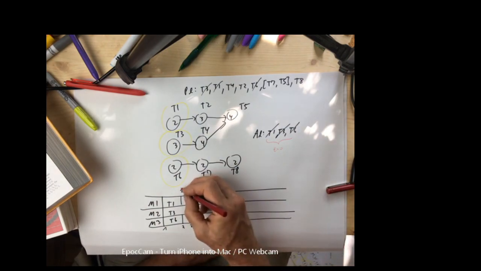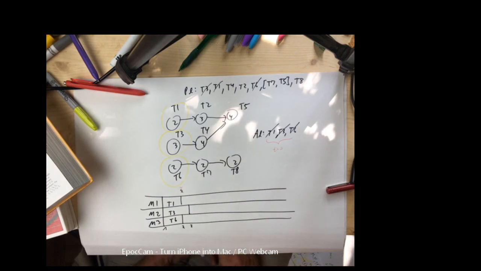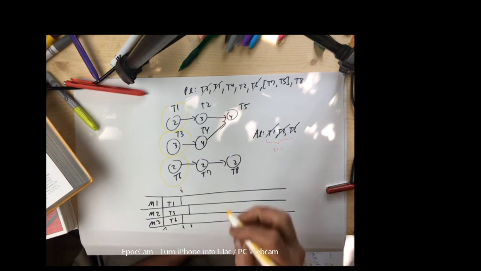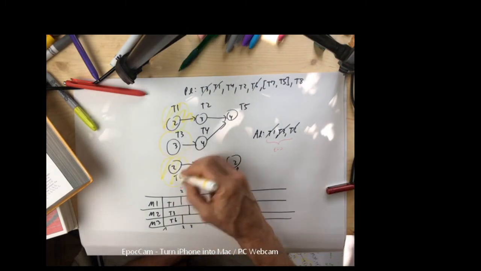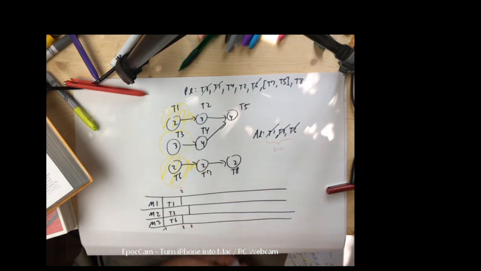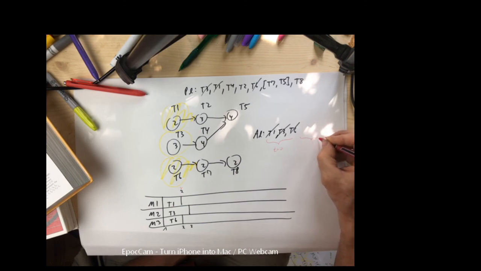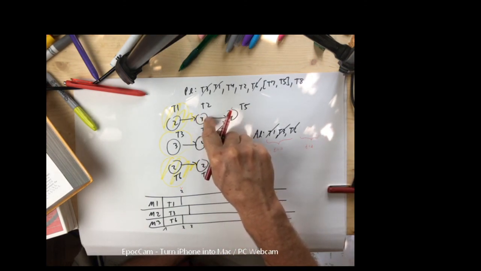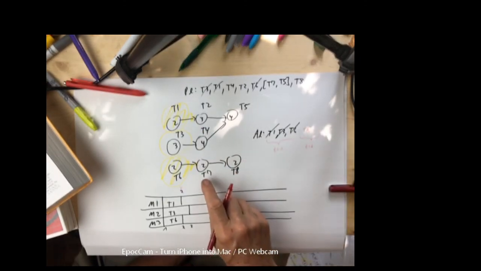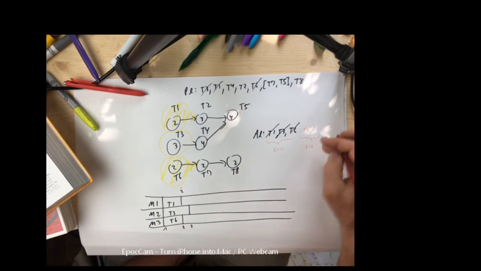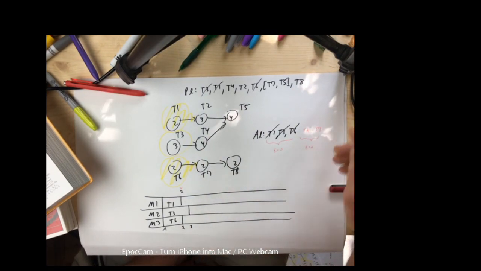Boss takes a nap, time marker comes forward to 2, and at time equals 2, T1 finishes, and T6 finishes. So time equals 2, T2 is available, and at time equals 2, T7 is available.